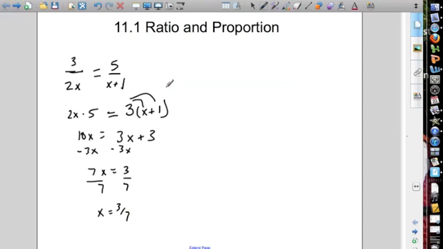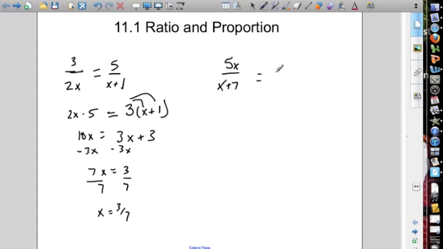So I'm able to get it down to a form that I can solve easier by going through and cross multiplying, so multiplying the diagonals. Then I see that there are just x's in the problem, so I can just solve for x, and I'm done.